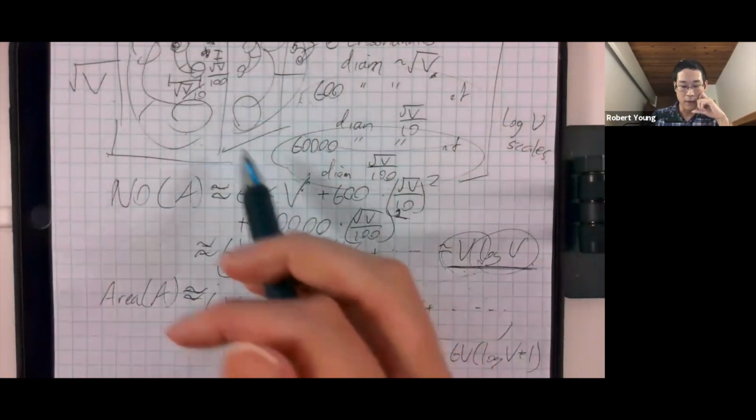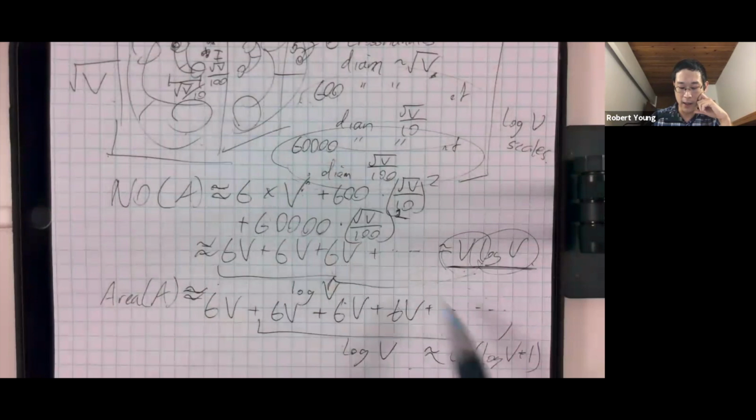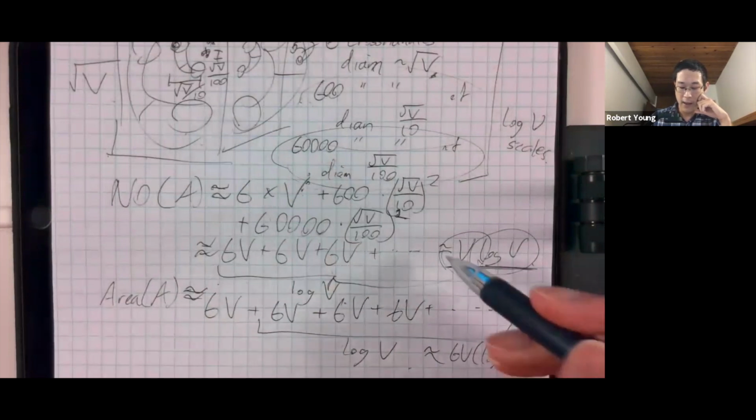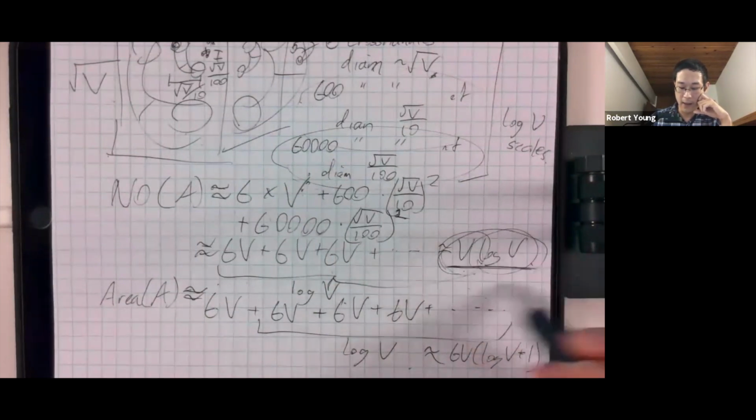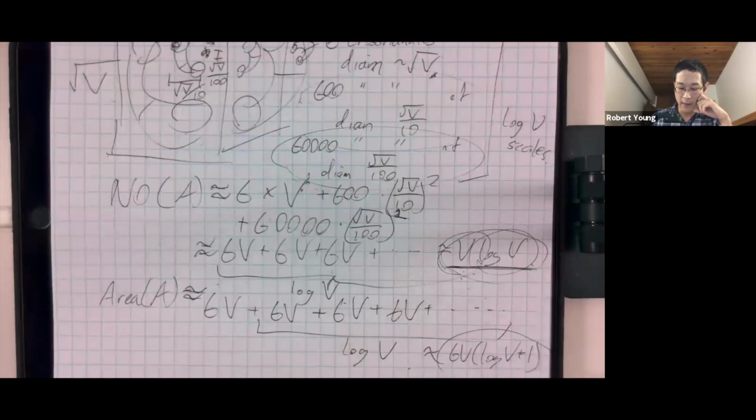Because if you can do that over many different scales, then you get something with non-orientability like v log v and area like v times (log v plus 1). So you're going to get a bit of a bump from having those multiple scales to work with. But again, I haven't done any calculations to figure out the best way to add a cross handle to a surface.